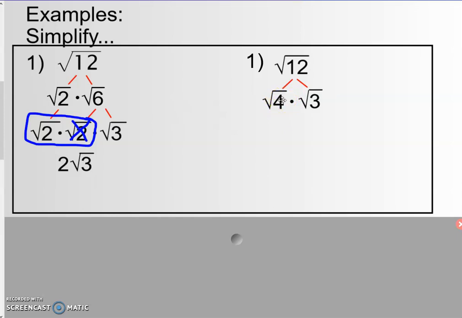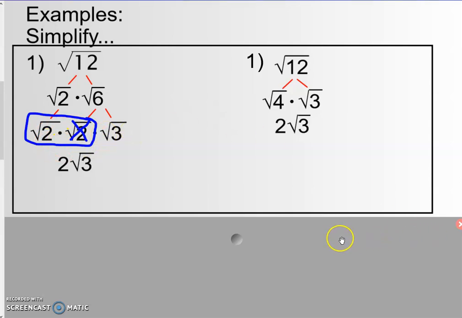The square root of 4 is 2, so this becomes 2 times radical 3. The whole idea of having twins is that twins means a number has been multiplied by itself. That is what forms a perfect square, and since a square root undoes that, we basically are going back to the original number.